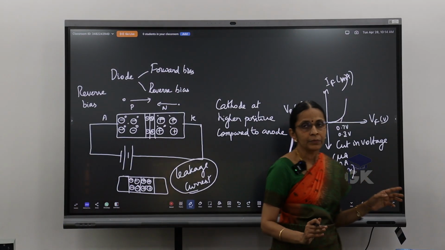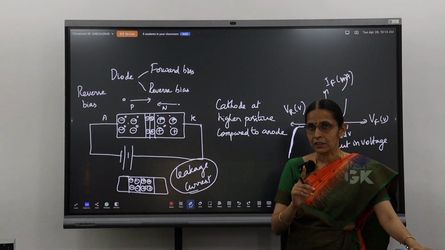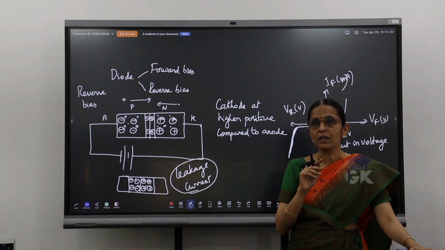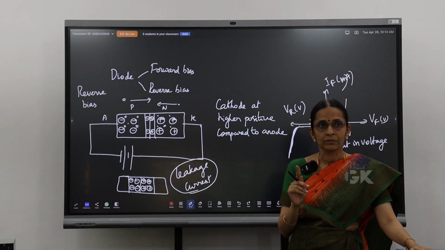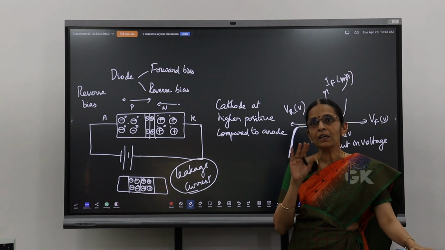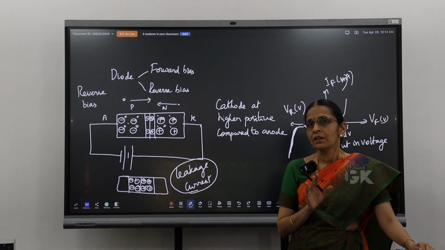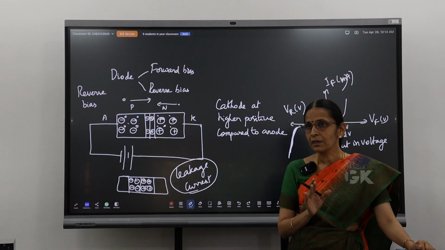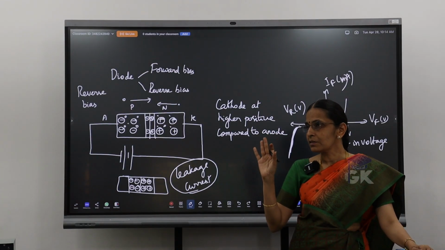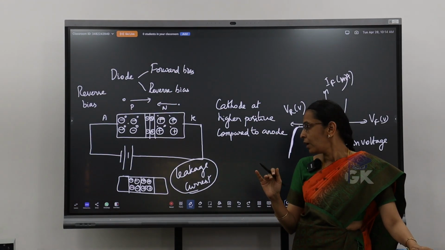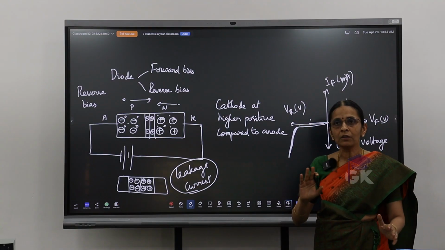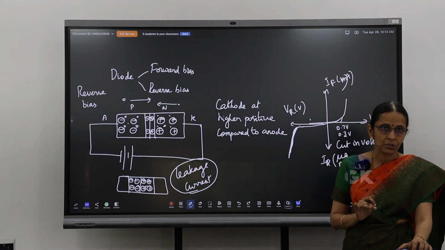So that's why we say the diode is unidirectional. Unidirectional means it's going to allow current only in one direction. So it allows current only in the forward direction and it blocks current in the reverse direction. Clear? So that is nothing but your semiconductor diode. So we can compare it to an open switch and a closed switch.